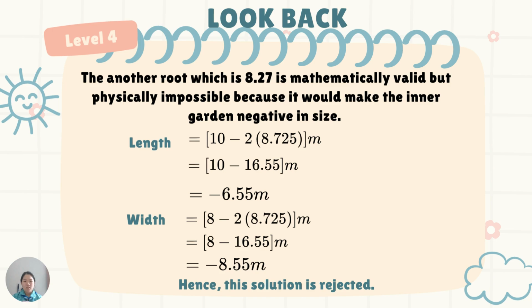Although it is mathematically valid, it is physically impossible because it will make the inner garden negative in size. We can see the length, which is negative 6.55 meters, and the width, which is negative 8.55 meters. It is impossible to occur in real life. So this solution is rejected.